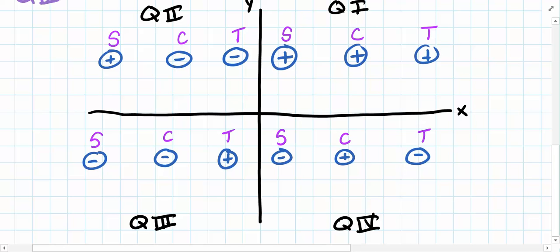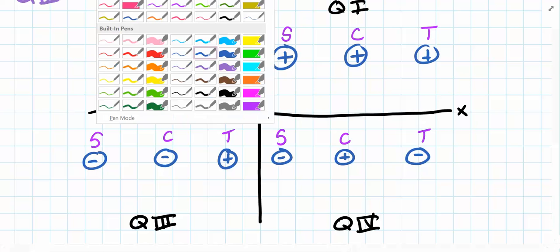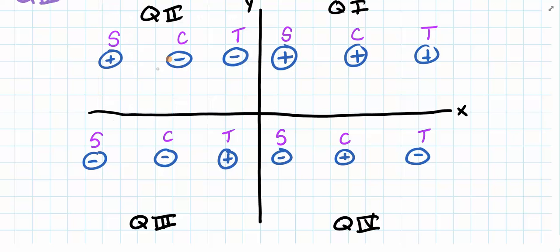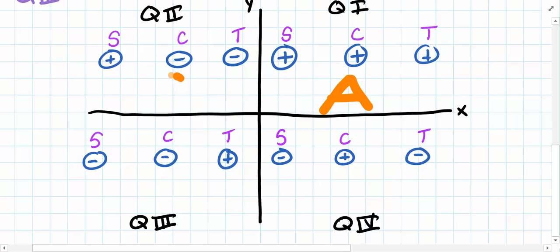Okay. So there's a really fun, easy way to remember this, and it goes something like this. A big giant A, a big giant S, a big giant T, and a big giant C. That stands for all students take calculus. It's a little mnemonic device.